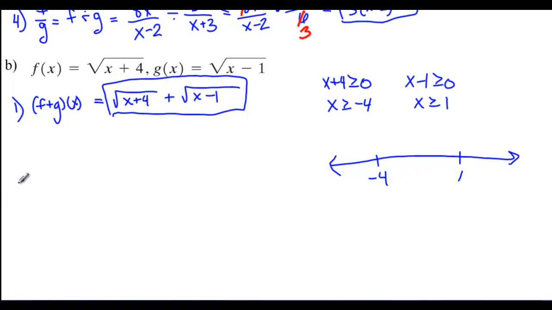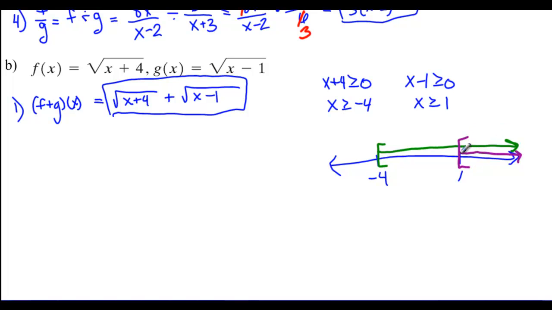and we look at f, so maybe f of x for that domain, x is greater than or equal to negative 4, it's going to be a bracket here, and then everything to the right. And then for g of x, everything greater than or equal to 1, so x is greater than or equal to 1. It's going to look like this.